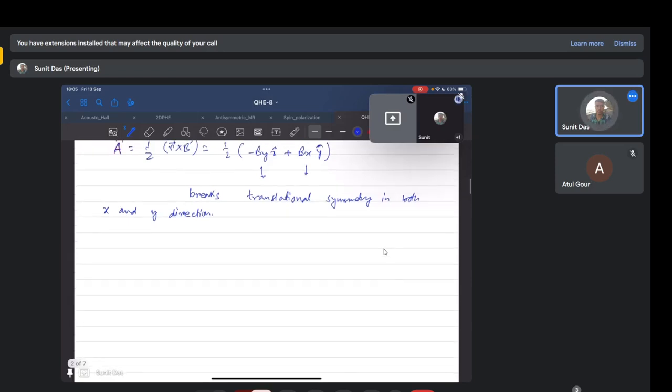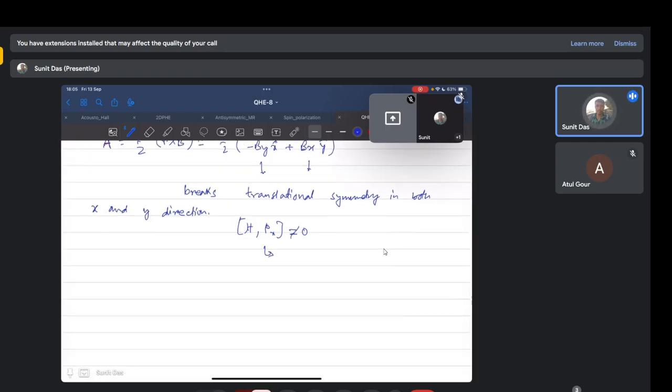And the reason is simple. If we have a simple Hamiltonian, and if px doesn't commute with the Hamiltonian, then we say the translational symmetry along the x direction is broken.